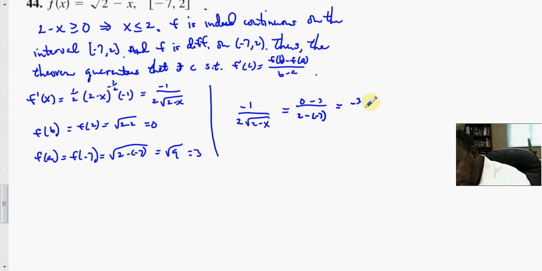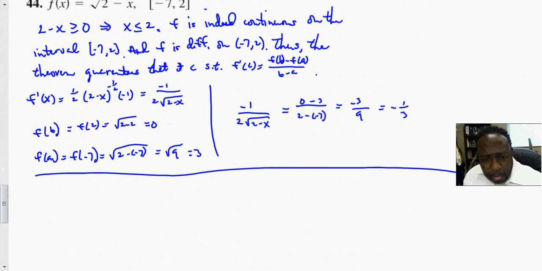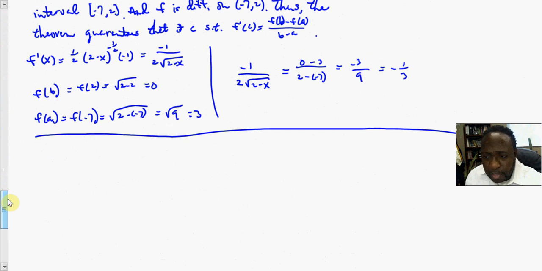So we get negative 3 all over 9, and that gives us negative 1/3. And so we put everything together. So we have negative 1 over 2 times the square root of 2 minus x is equal to negative 1/3. The negatives cancel.